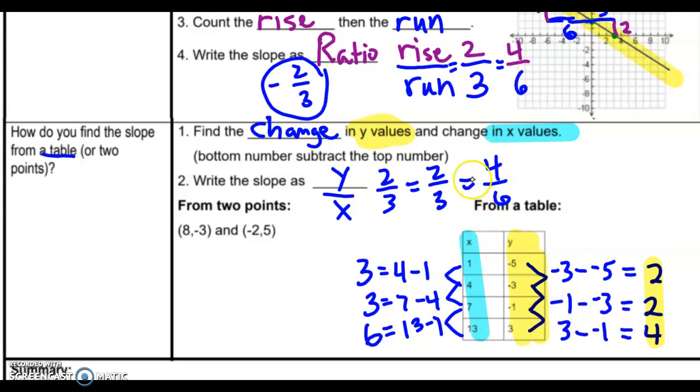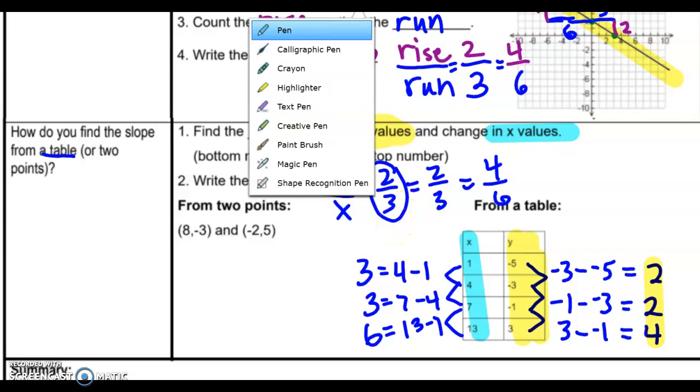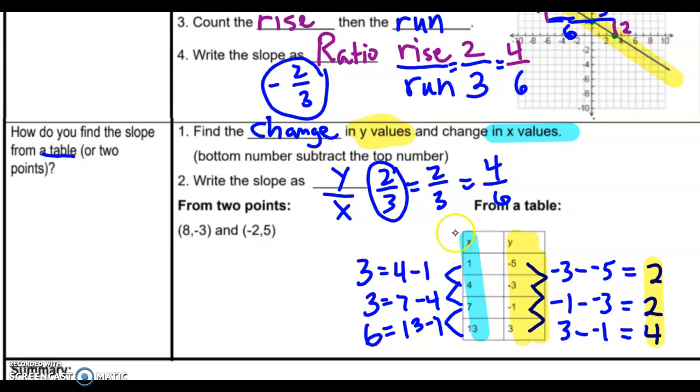Those are all equivalent ratios, so my slope is 2/3 from the table if I chose my reduced form. Awesome. Okay, so x on bottom, y on top. Don't forget to do y over x, please.